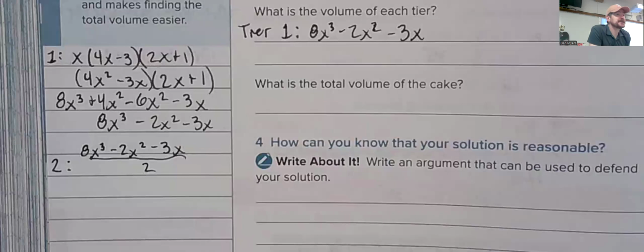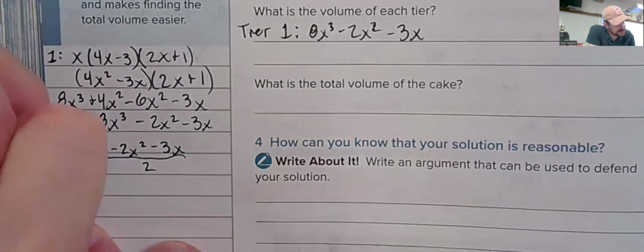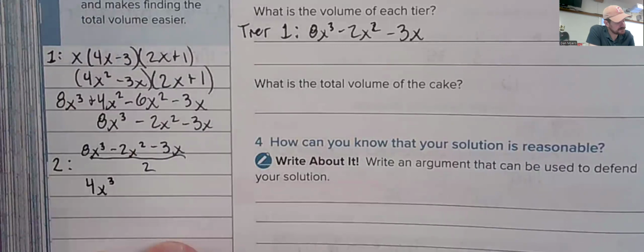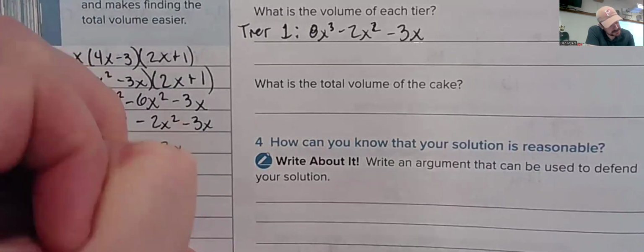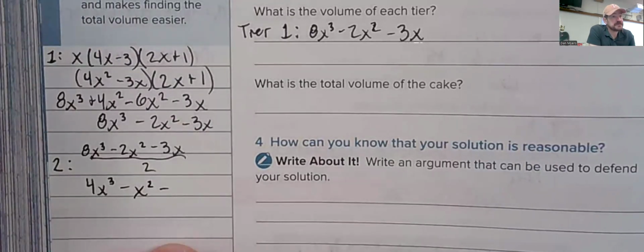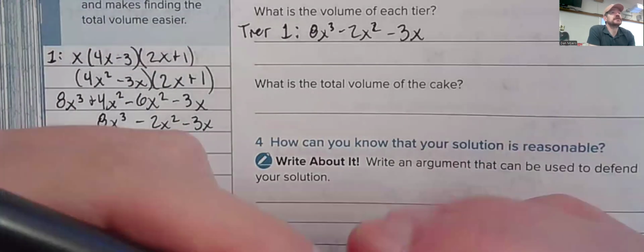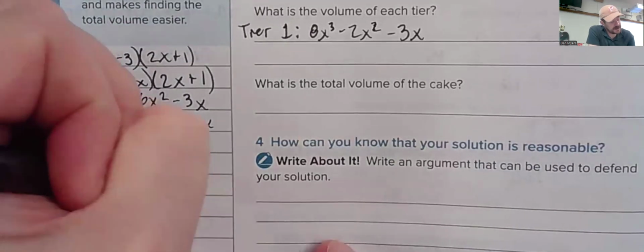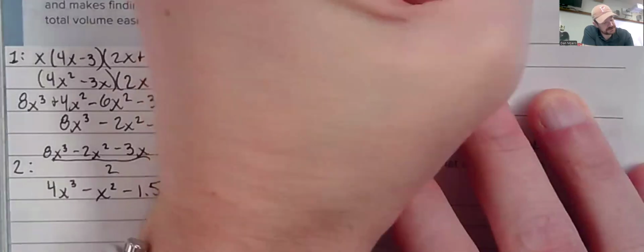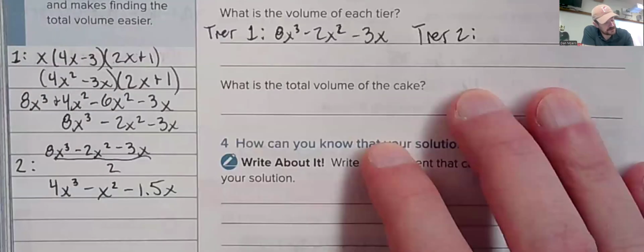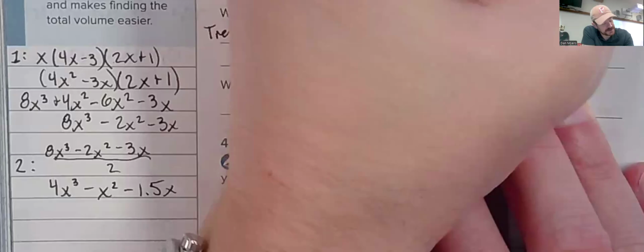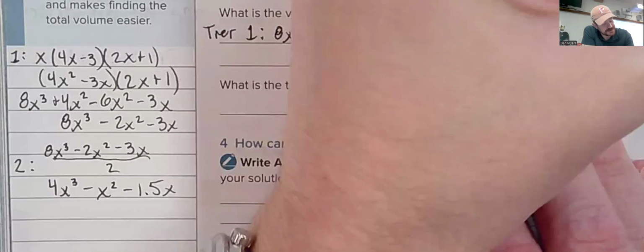Which equals what? 4x cubed minus x squared minus, you say 3/2, or it's a decent decimal, 1.5x. All right. So tier 2 is 4x cubed minus x squared minus 1.5x.